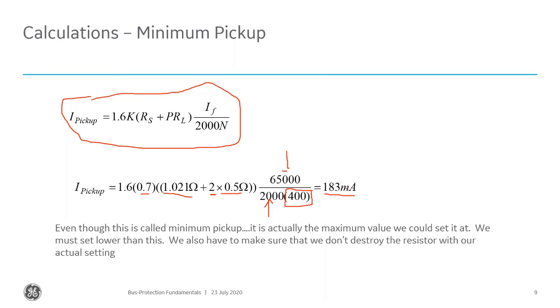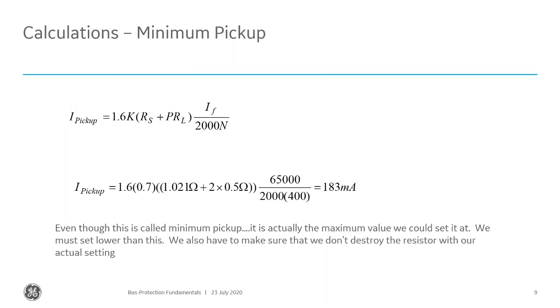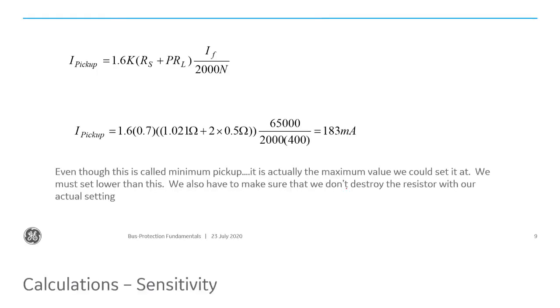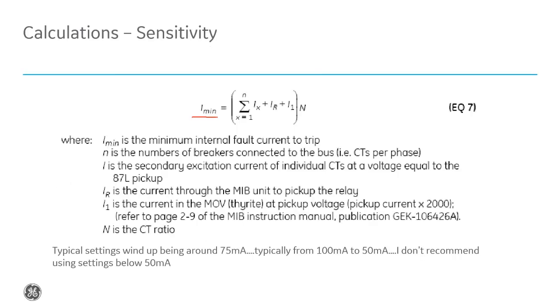Then my next calculation is how sensitive I am at that pickup value. So that is a sensitivity calculation, and that's the next calculation I need to do. This is the Imin, the minimum internal fault current that I would trip at.